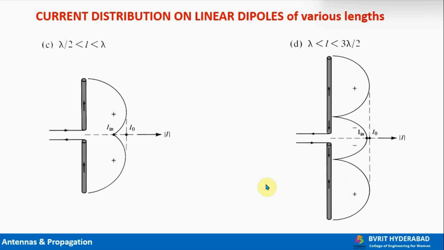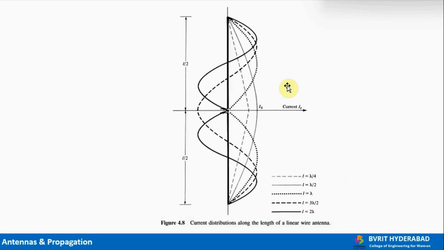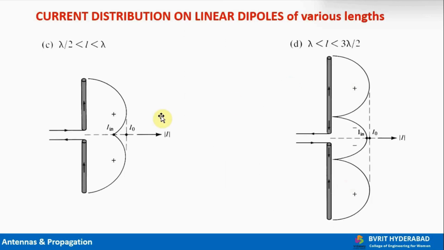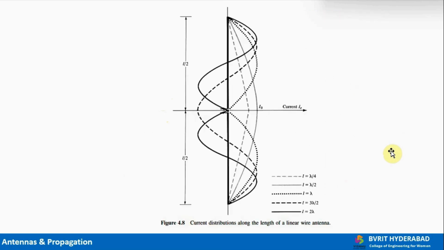This is demonstrated graphically in figure D, for the length varying between lambda and 3 lambda by 2. In turn, the fields radiated by some parts of the dipole will not reinforce those of the others. The current distribution for the dipoles with L equal to lambda by 2, lambda by 4, 1 wavelength, 1.5 wavelength and 2 wavelengths is shown in this figure.